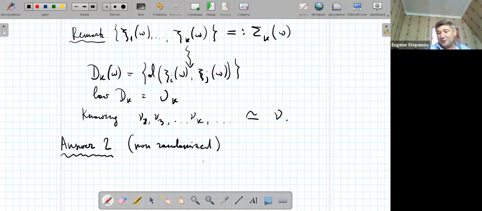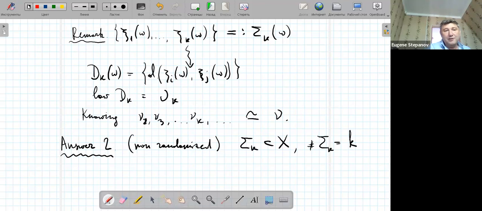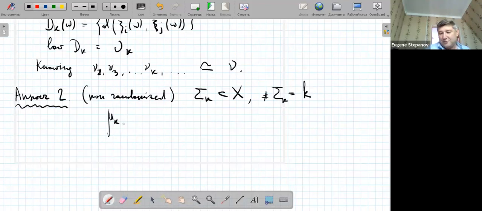Well, the answer is as follows. So my recipe is as follows. You take any sigma k in your X, with k elements. Each sigma k must have k elements. Well, you take them in such a way that, if you consider the empirical measures mu k defined as follows: mu k of b is the number of elements in sigma k intersected with b, divided by k.